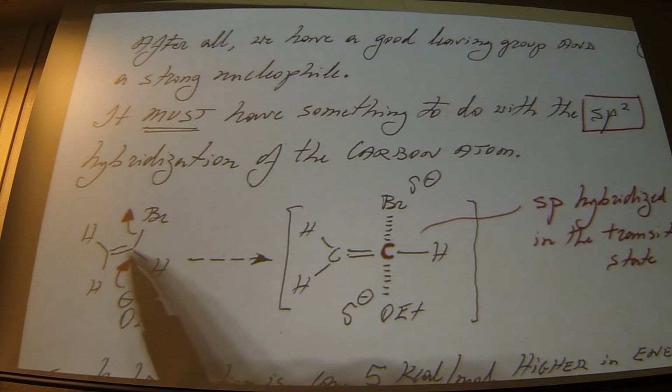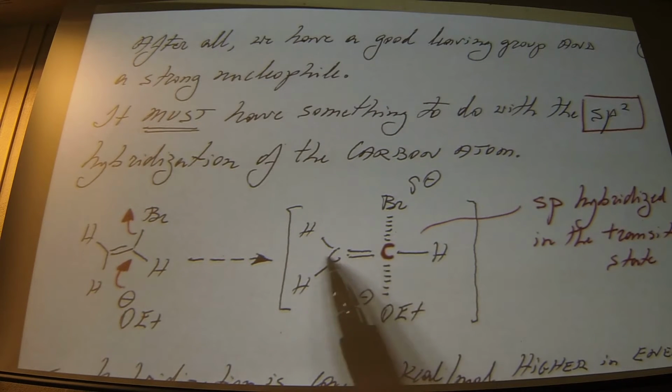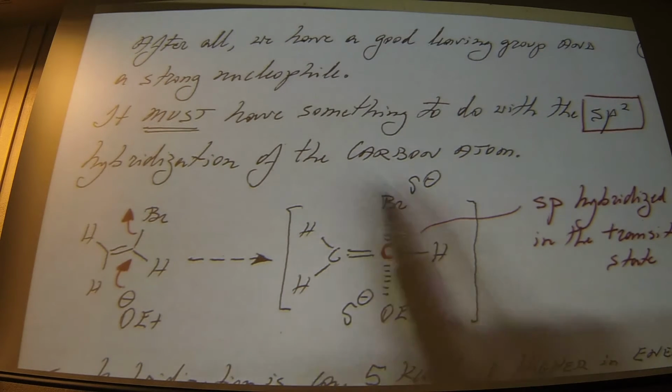It's going from an sp2 to an sp hybrid. It's an sp hybrid because now it's bonded fully only to two other atoms, a hydrogen here and a carbon there. And these are partially formed and partially broken bonds.